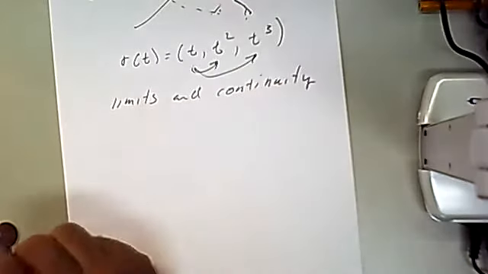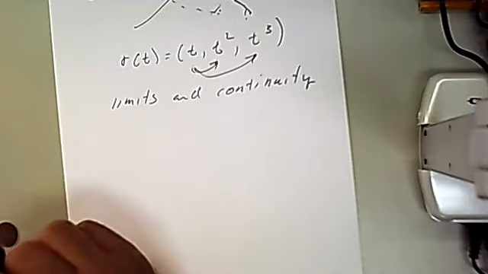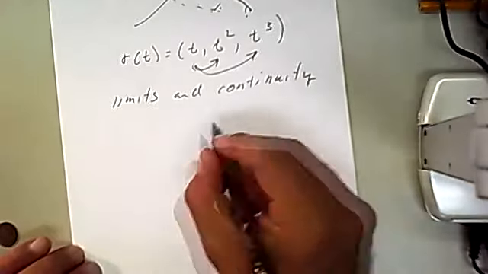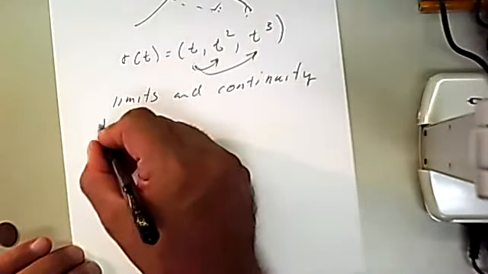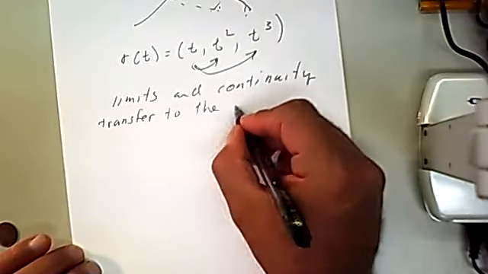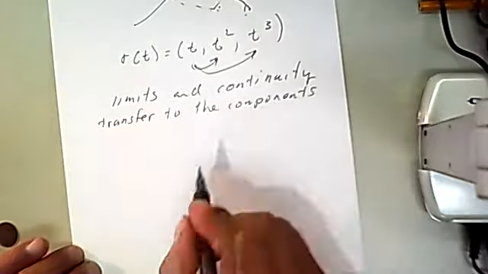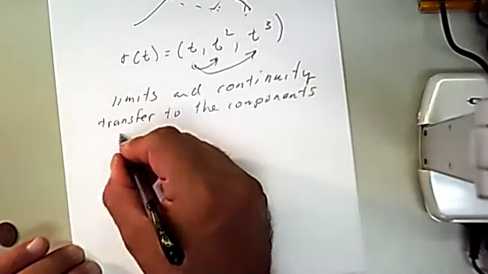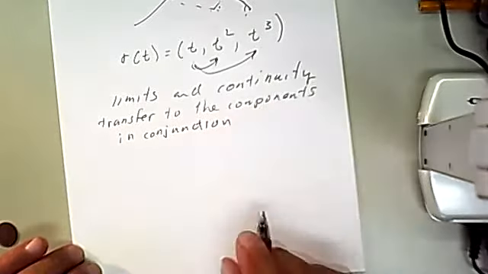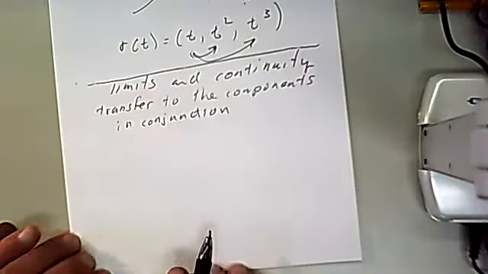Limits and continuity transfer to the components, in conjunction. By the way, we're off the example. Now we're in general theory.